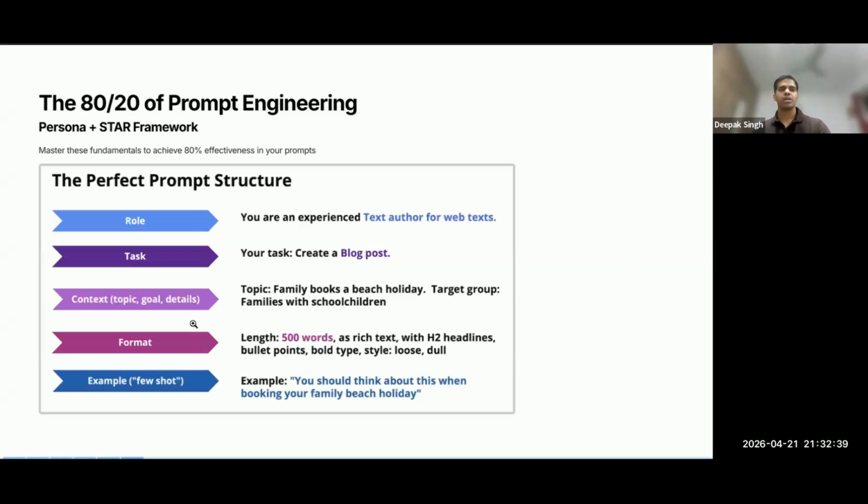Okay. So let's start with a very simple thing, the 80-20 of prompt engineering. And 80-20 of prompt engineering is a really good place to start. The reason is because by spending 20% of time here, you can get 80% of the benefits. Or in fact, that's not true. By spending 20% of your time there, you can write prompts better than 80% of people.